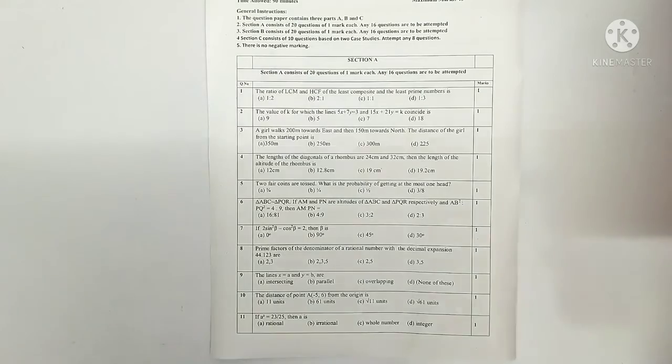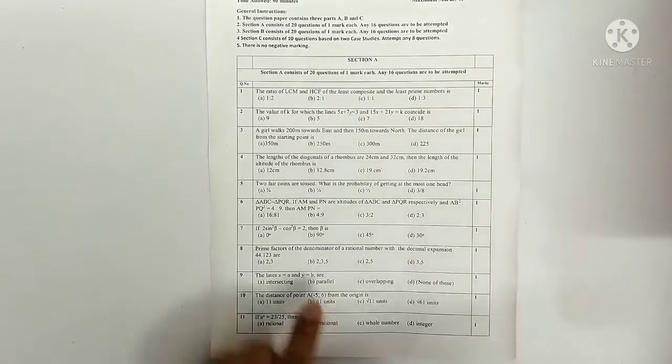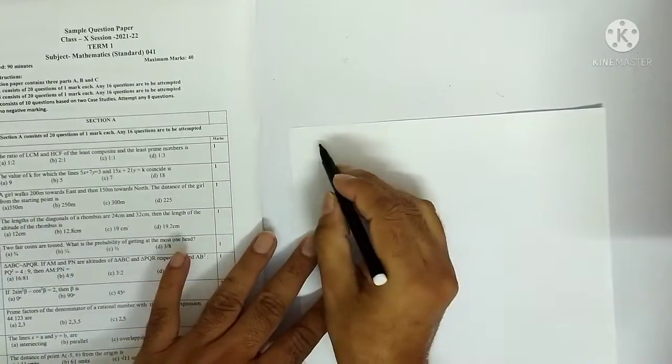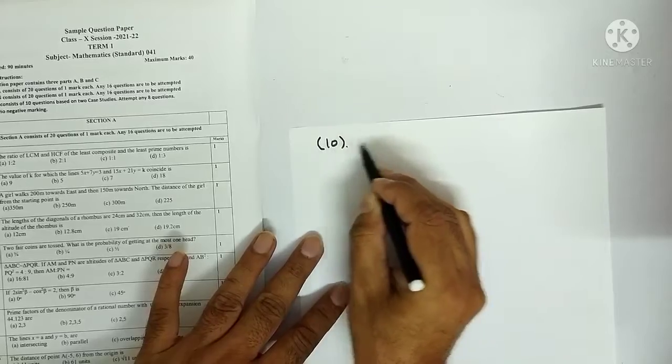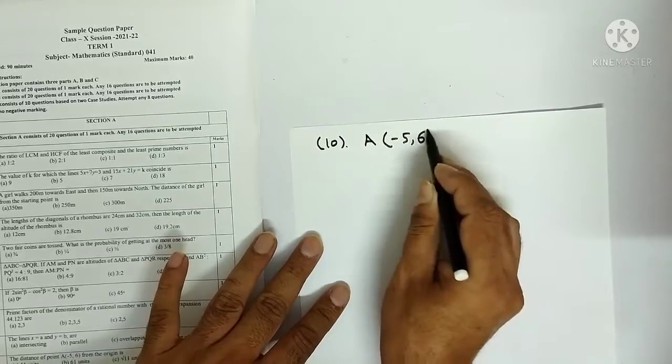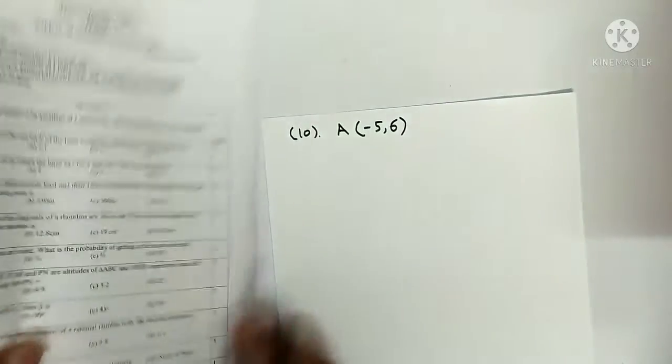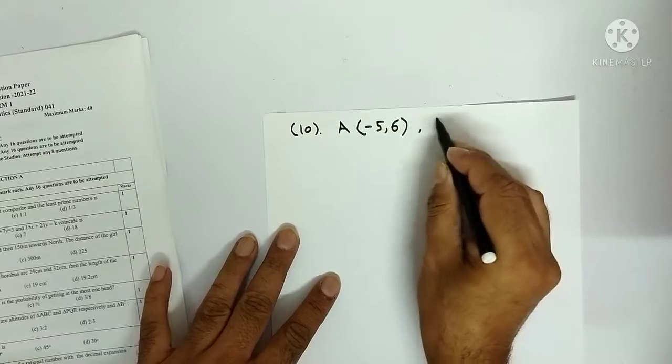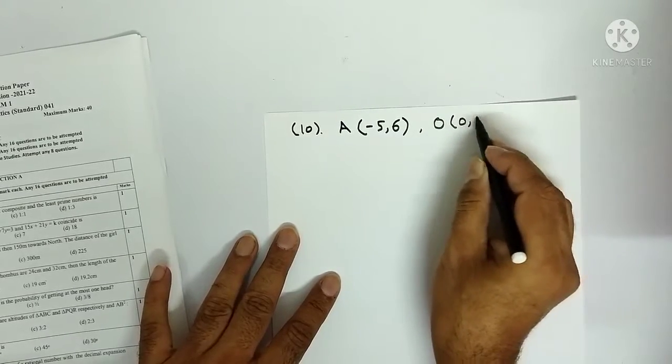The distance of point A has coordinate -5,6. ये देखो 10th question. A पॉइंट है, इसके कोऑर्डिनेट्स क्या है? -5,6. इसका डिस्टेंस फाइंड आउट करना है कहां से? फ्रॉम द ओरिजिन. तो ओरिजिन के कोऑर्डिनेट्स क्या है? 0,0.